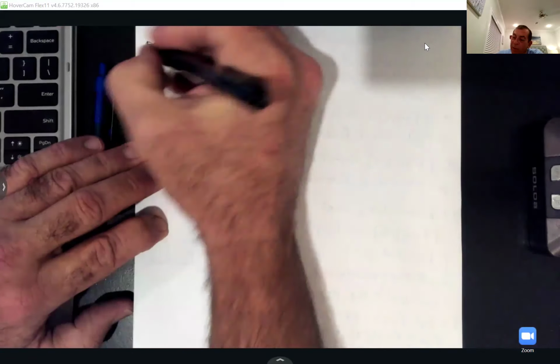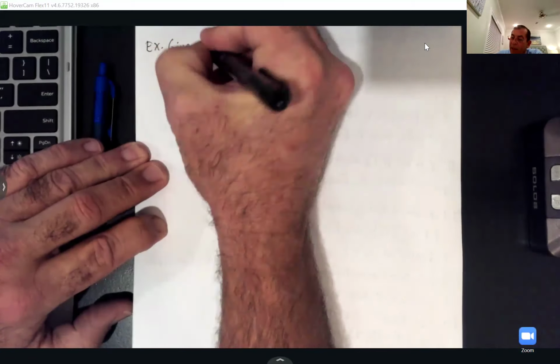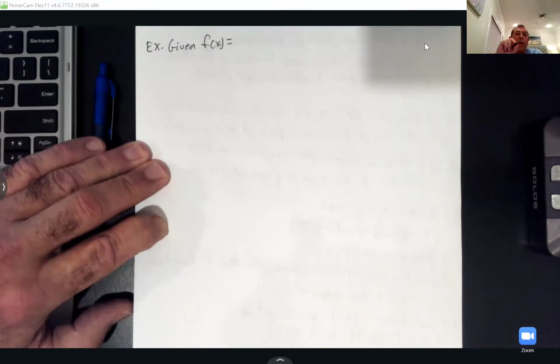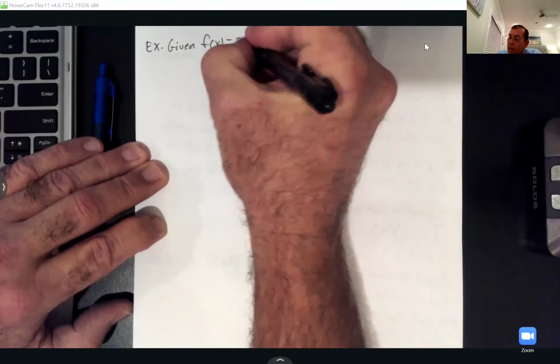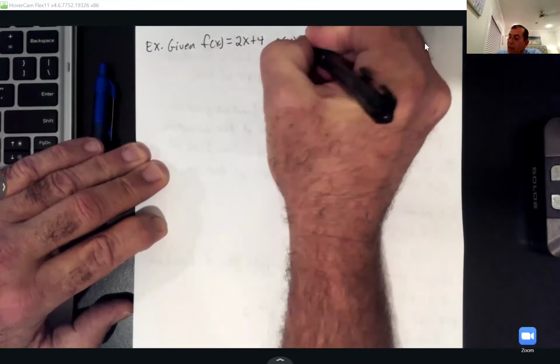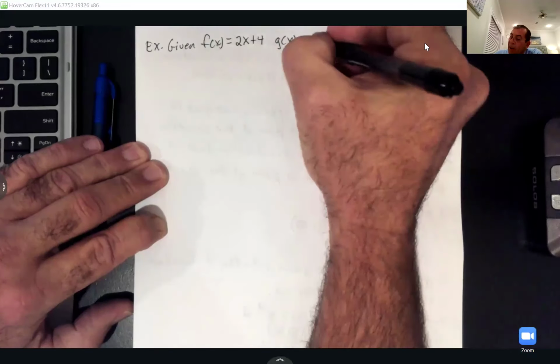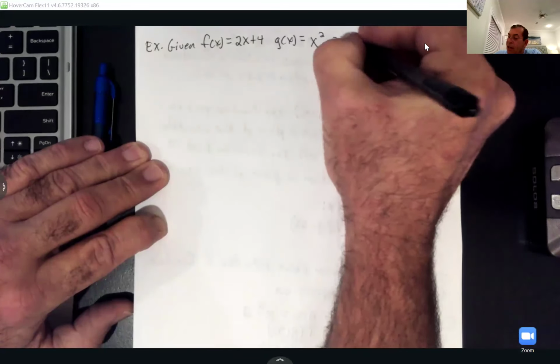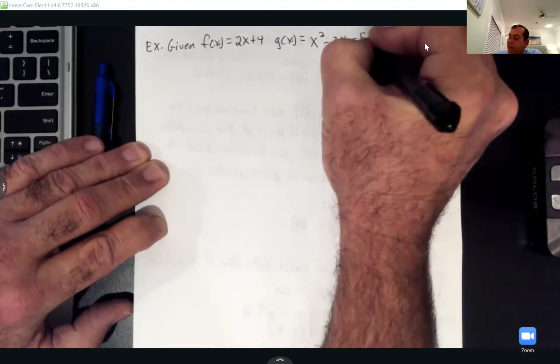So on this one, we'll be given f of x is going to equal 2x plus 4. G of x is going to equal x squared minus 3x minus 5.